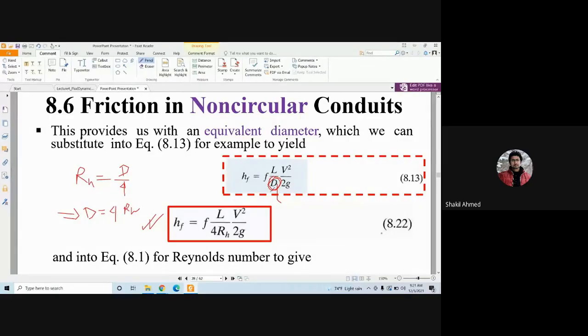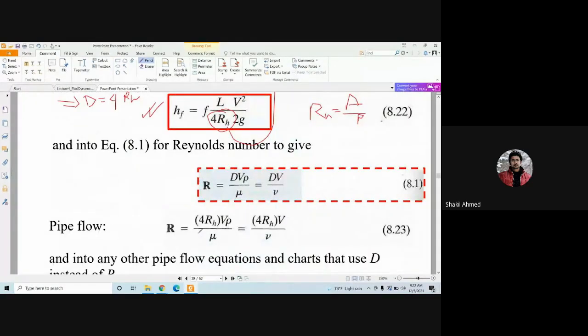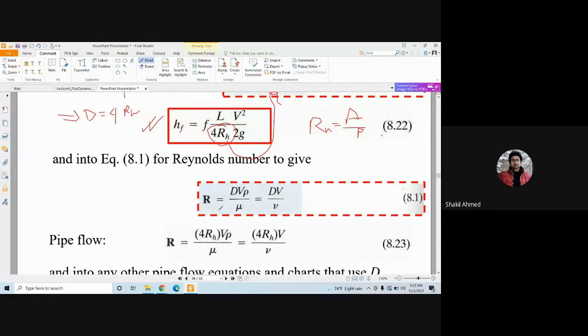If you replace D with 4 into RH, then you have the hydraulic radius instead of D. So now for non-circular conduits you can calculate RH as A by P. This is a kind of approximation. RH equals A by P. RH and R are different things. R is the Reynolds number, by the way, and RH is the hydraulic radius. Reynolds number equals V into D over nu.